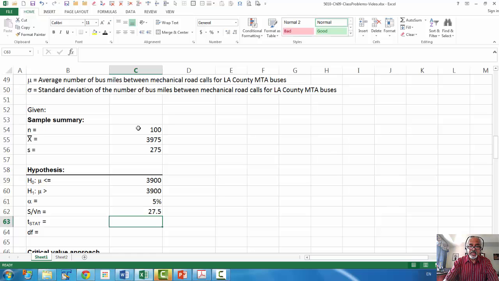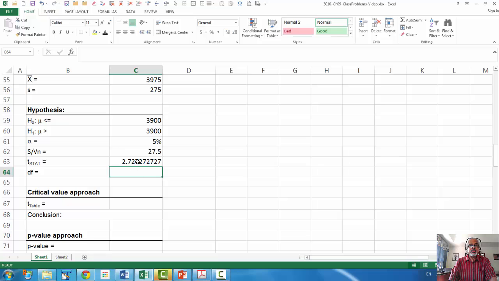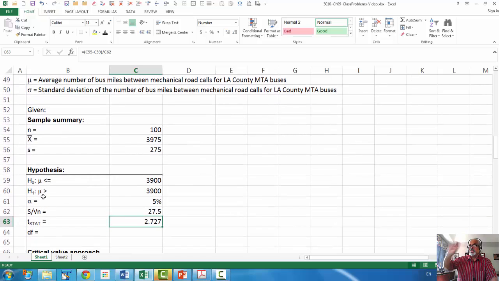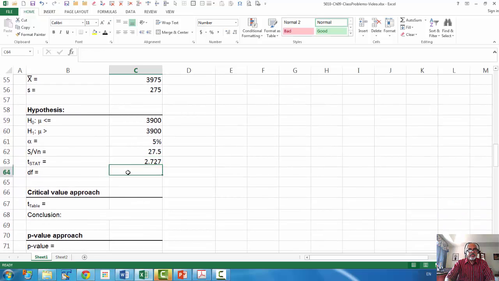So the t stat is x bar minus mu, divided by the standard error. That's our t statistic, and this is a one-tail test, and the alternative hypothesis is greater than, so it is the upper tail. So it's a positive number that we are after. Degrees of freedom is n minus 1.